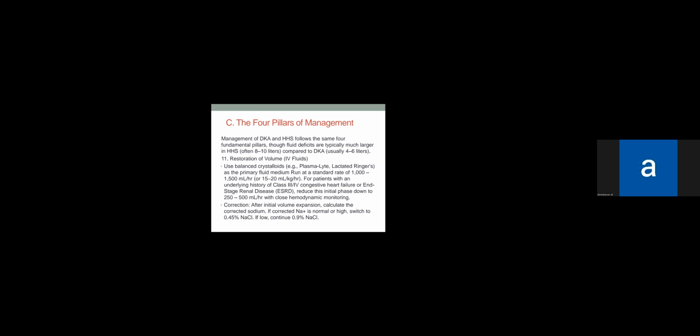In the modern trials, balanced solution significantly reduce hyperchloremic metabolic acidosis risk compared to normal saline, shortening overall the time to DKA resolution. We will run at rate of 15 to 20 ml per kg per hour, around 1,000 to 1,500 ml per hour.